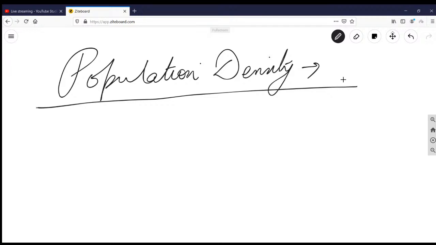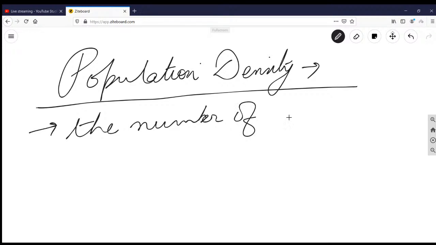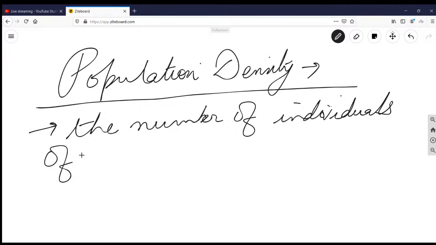So population density is the number of individuals of a species per unit area or volume.